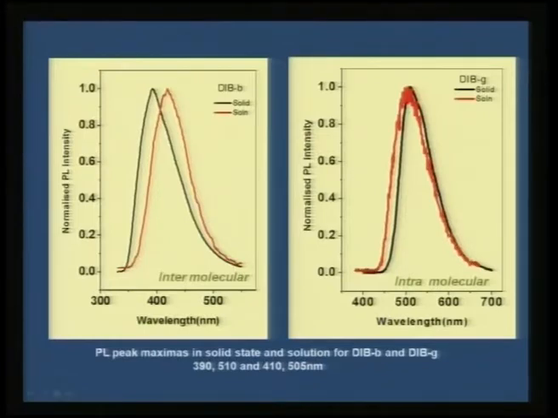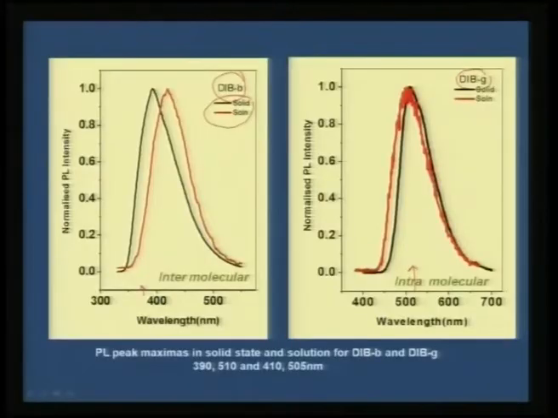You can see here the blue emitting molecule is showing emission spectra somewhere around 380 nanometers, whereas in the case of green emitting molecule, the emission spectra is somewhere around 520 nanometers. And if you compare the solid and the solution emission spectra of the intermolecular hydrogen bonded molecule, you can see that there is a collapse of this intermolecular hydrogen bonding once you put it in solution.